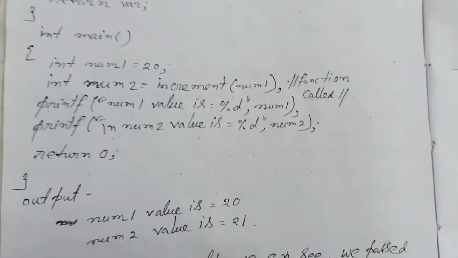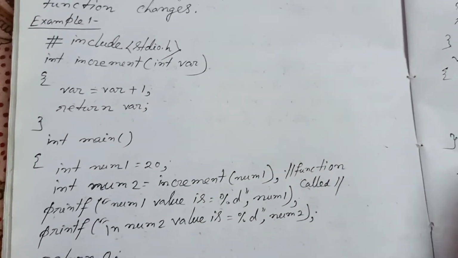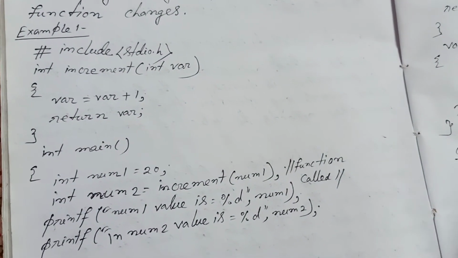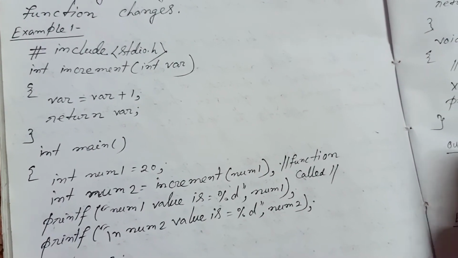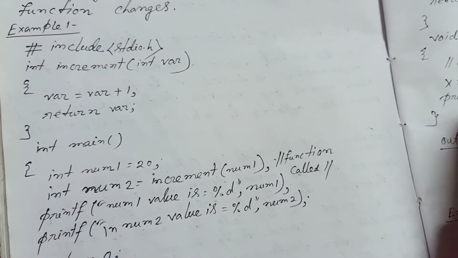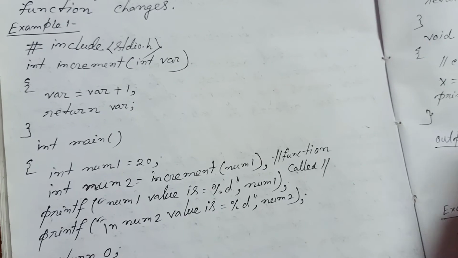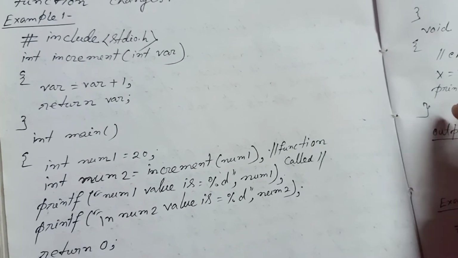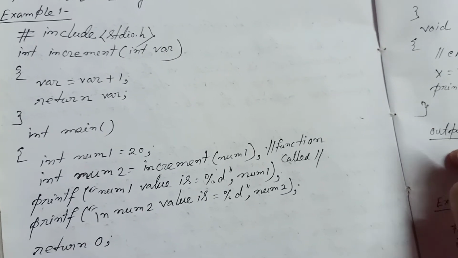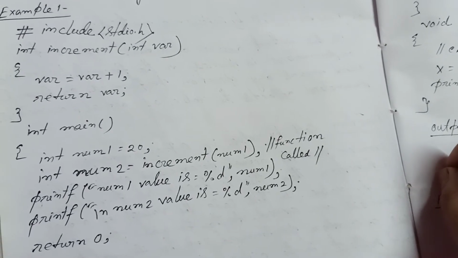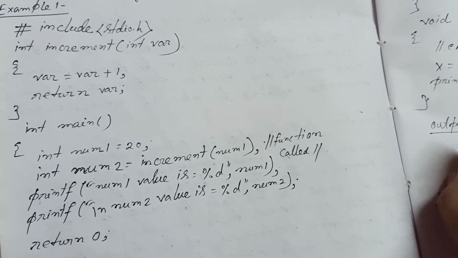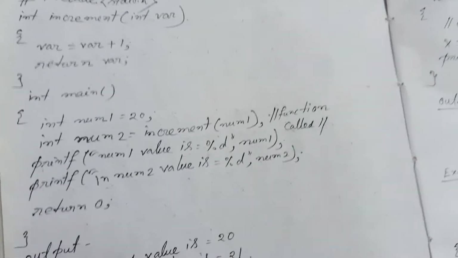As the user defined function increments the value, that's why in the main function we get the incremented result.